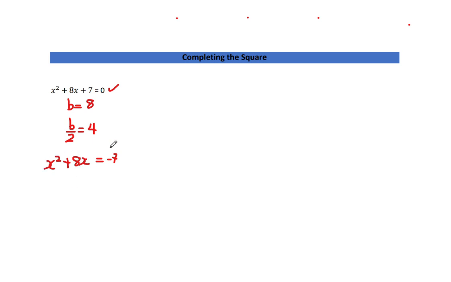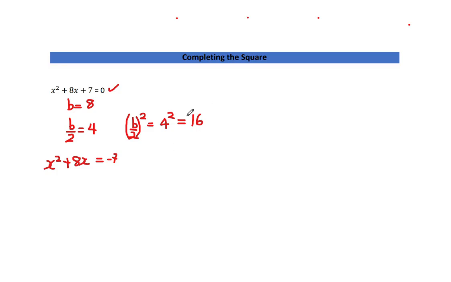Now the next thing we want to do here is that we want to square the b over 2. Now b over 2 was 4, yes? So b over 2 is equal to 4. So when I take b over 2 all squared, I get 4 squared. And 4 squared here gives me a value of 16. That's the next thing we want to do.